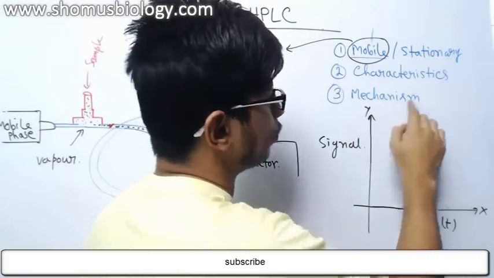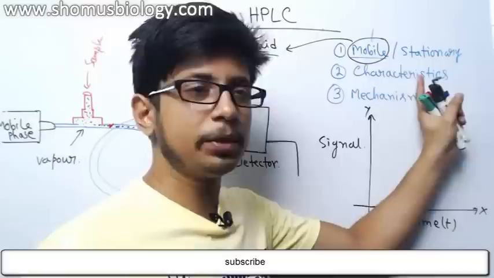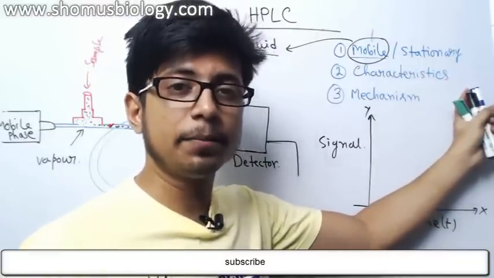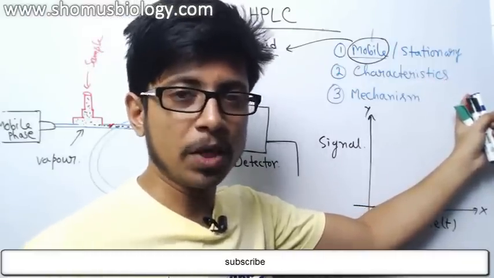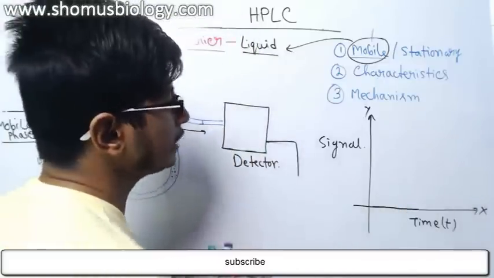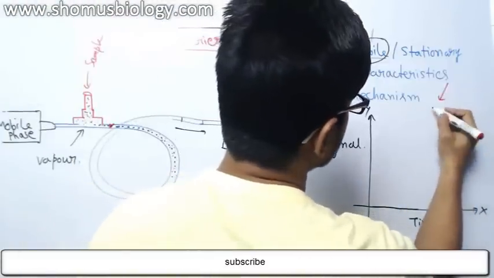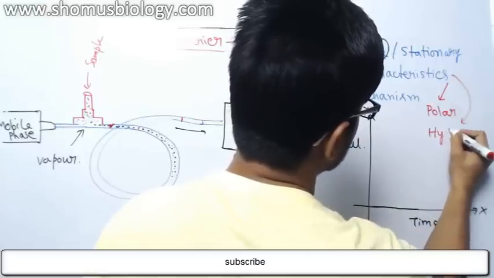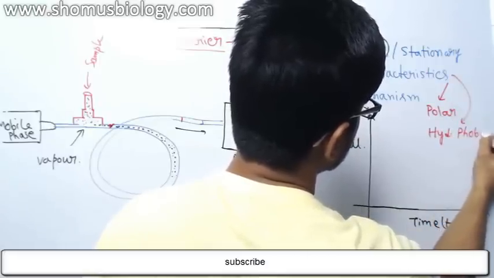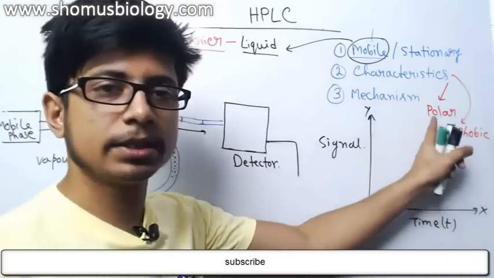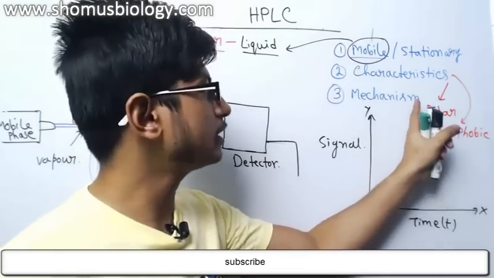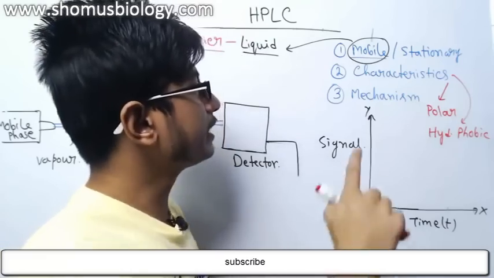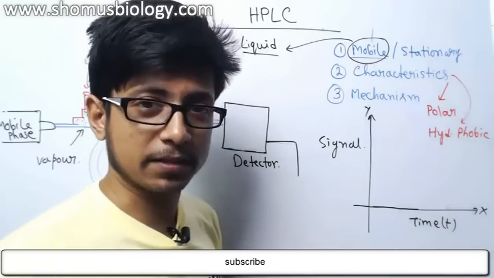The second question is what characteristics we use to separate. The answer is solubility, and among that, the polarity of the compound. Polarity means it could be either polar or hydrophobic. These two characteristics help separate the chemical compounds using the interaction between mobile and stationary phase.